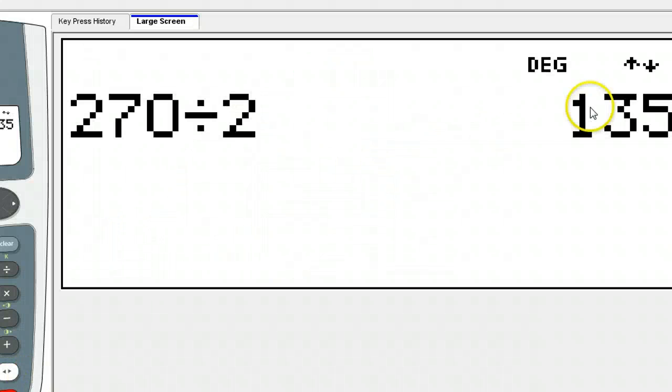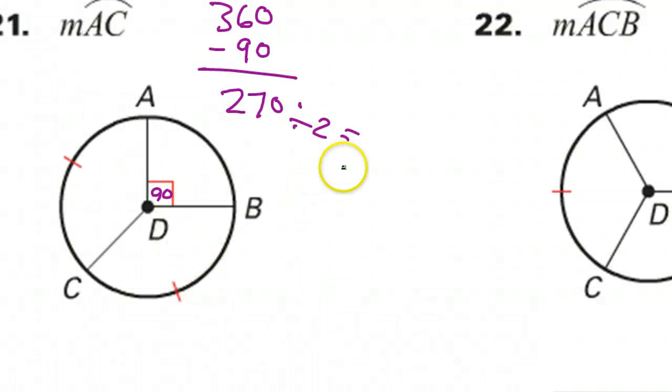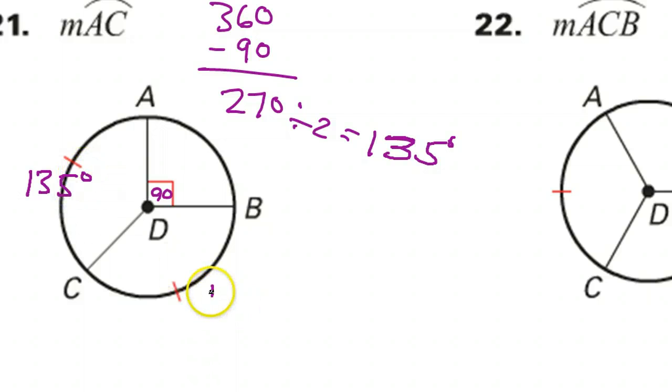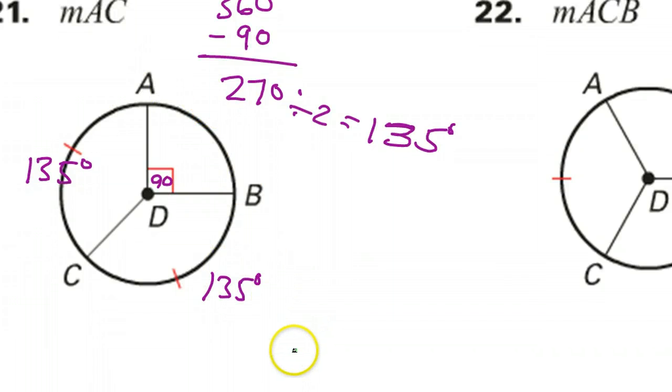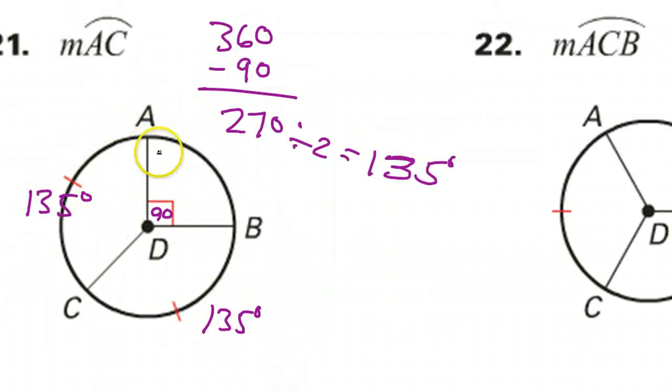Kabam, kabam. 135 degrees. Alright, that means these are 135 degrees each. Alright, and you could check to see that this all adds up to 360. But the measure of arc AC is in fact 135 degrees.